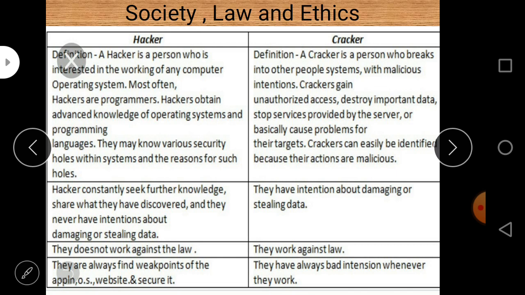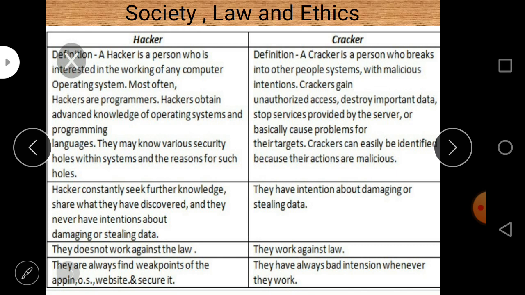They hack data only out of their interest and for their knowledge. Crackers have the intention of damaging or stealing data. Hackers do not work against the law, but crackers work against the law. So basically we can say that crackers are criminals.